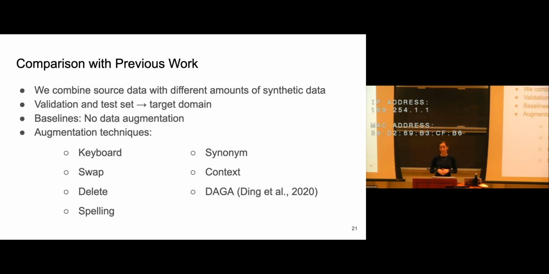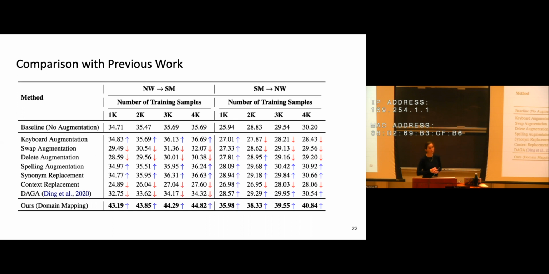And then you have approaches like the DAGA approach from recent work, where they also use a generator to try to learn how to do data augmentation, and they use it for NER with a language model. We compare against them, and we're going to see that we get better results. I believe the DAGA paper is not doing cross-domain.